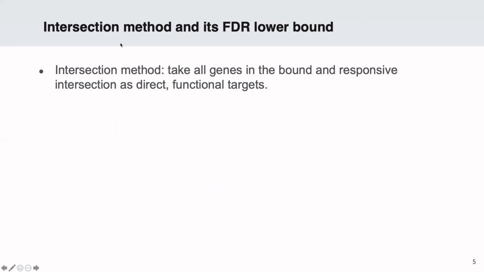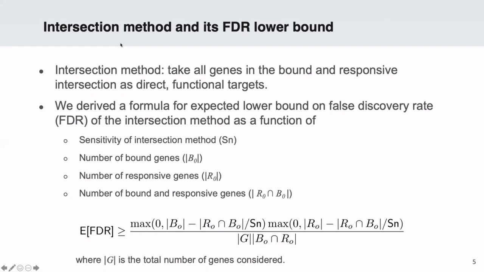As we did in the analysis before, we can simply take the intersection of the two data sets and say that all genes in the bound and responsive intersection are direct functional targets. So we derive a formula for the expected lower bound on the false discovery rate of this intersection method as a function of four parameters: the sensitivity of the intersection method, the number of bound genes, the number of responsive genes, and the number of genes that are both bound and responsive.